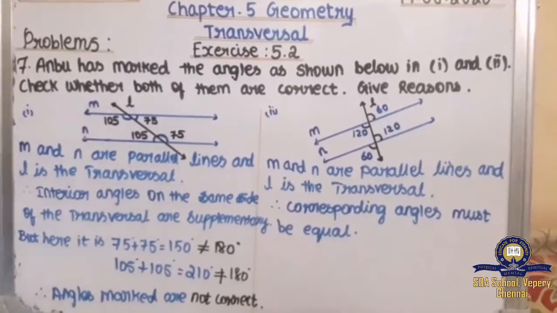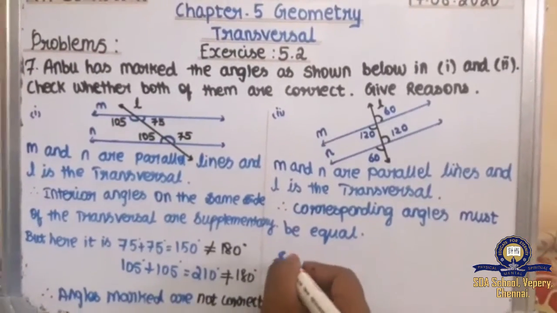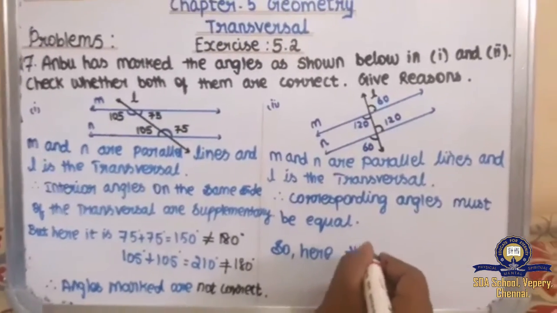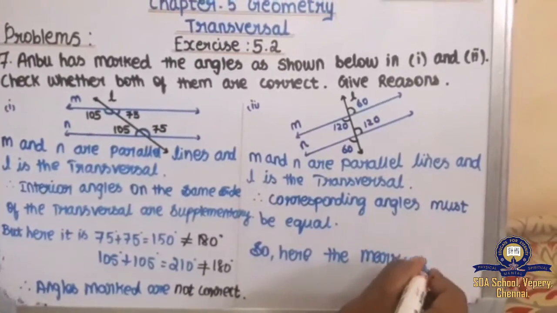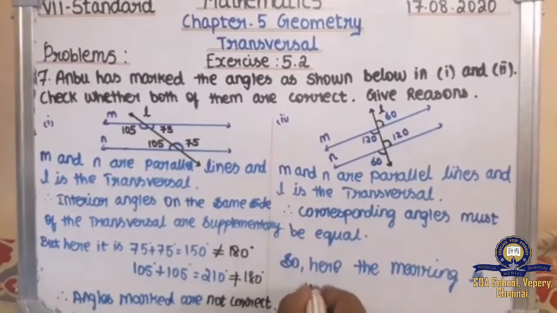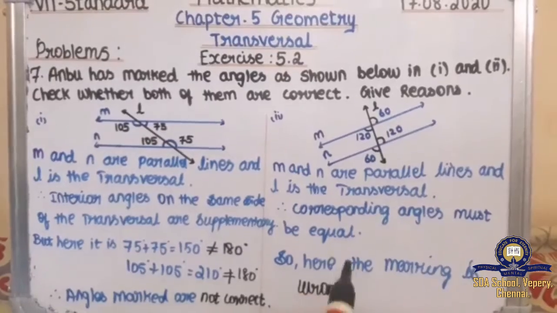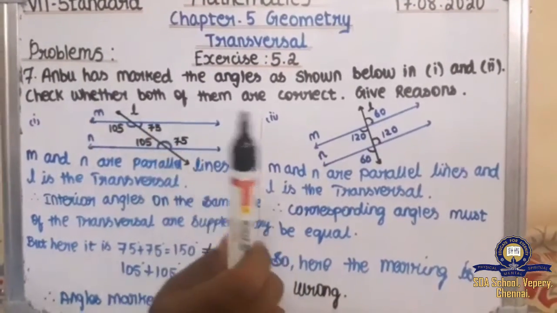So, what is the answer we conclude? It is not correct. So, here the marking is wrong, because corresponding angles means the two angles should be equal.